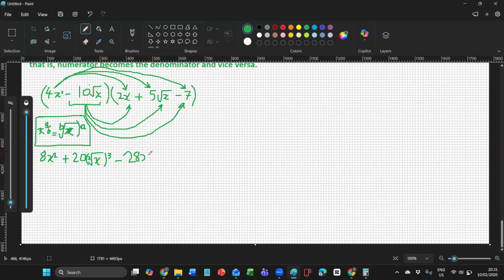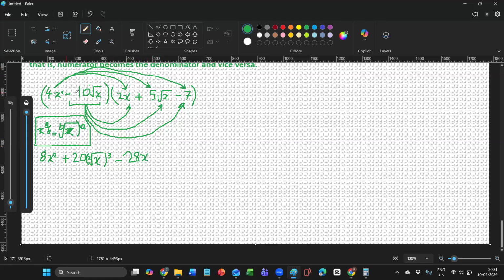Oops, that looks messed up. I don't know why my x is looking like this. I think it's the way I'm writing it.